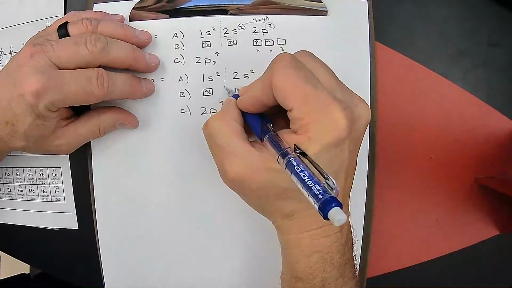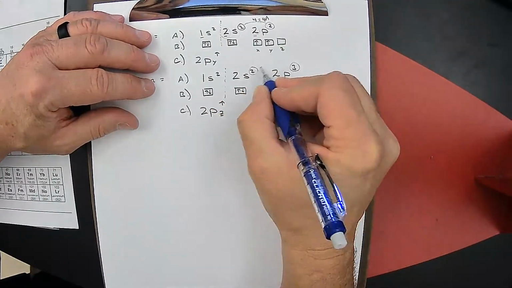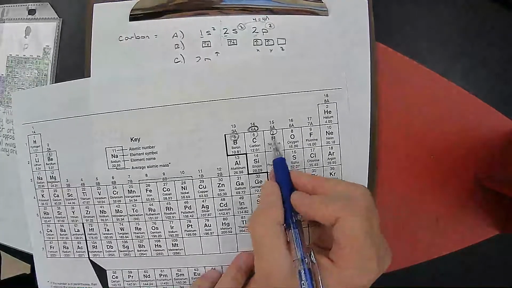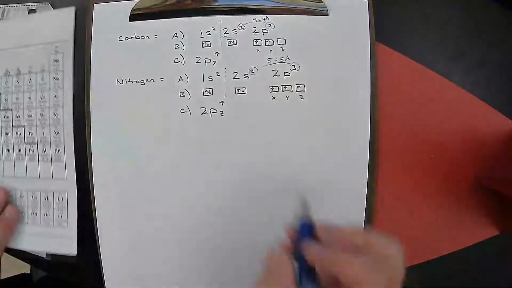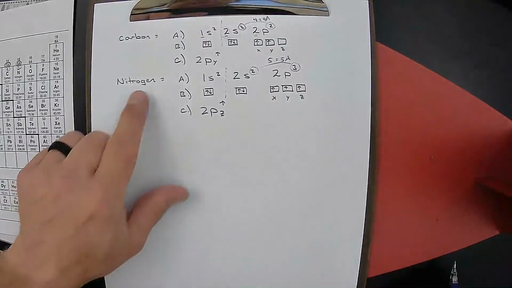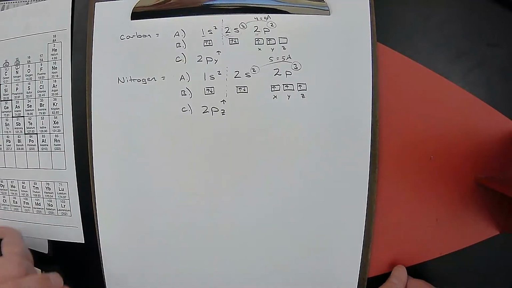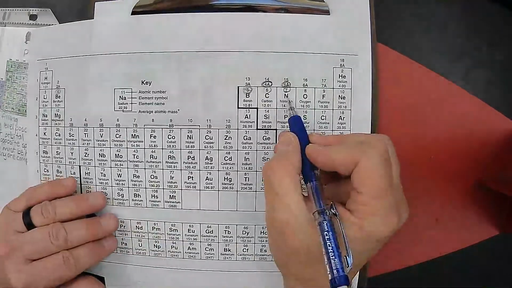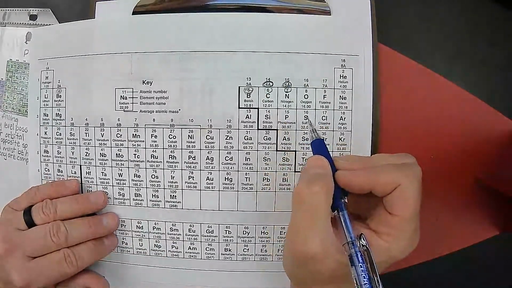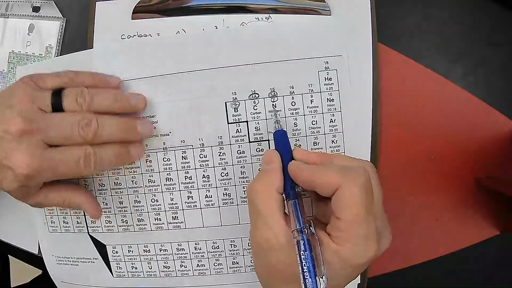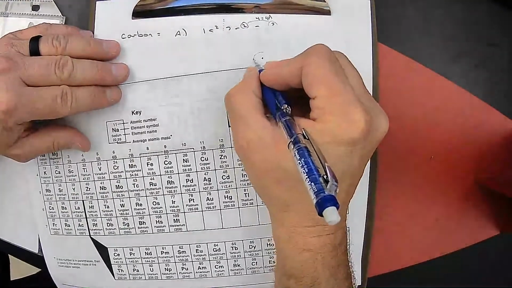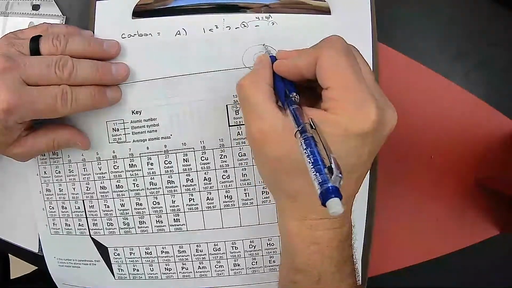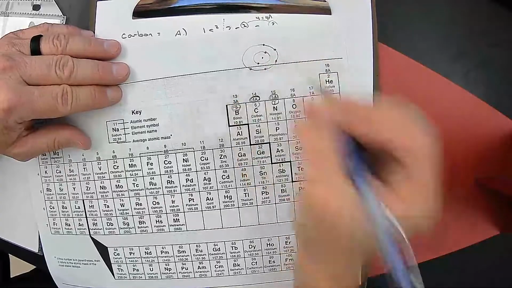When you look at the outer, there are 2 here and 3 here, which add to 5. That's why it's in column 5A, because there are 5 valence electrons on the outside of nitrogen. Now, looking forward, we're going to start looking at what these atoms do and why. Earlier, we would have written nitrogen with the nucleus and 2 energy levels, 2 electrons in the first and 5 electrons in the second.